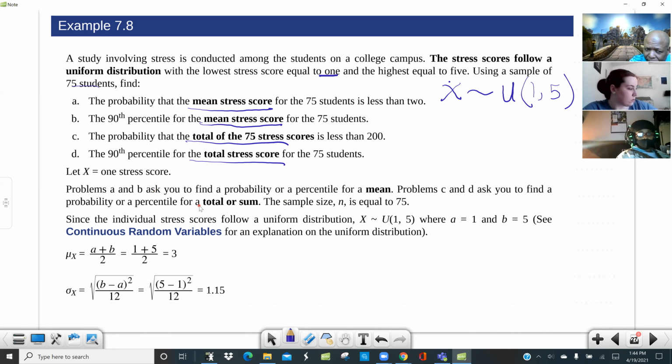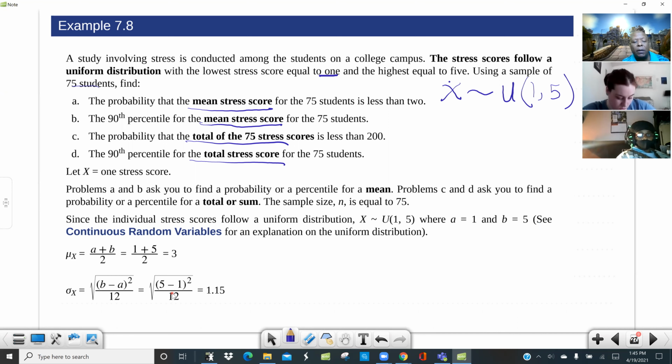But we know that the individual stress scores follow a uniform distribution where A is 1, B is 5. Can we find the mean and the standard deviation of the population? The answer is yes. When you have a uniform distribution, the mean is the average of A and B. So 1 plus 5 divided by 2 is 6 divided by 2, which is 3.